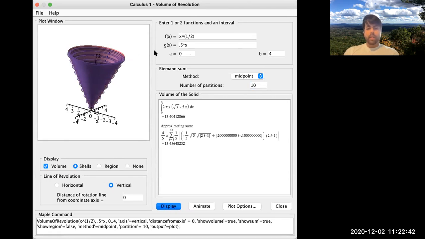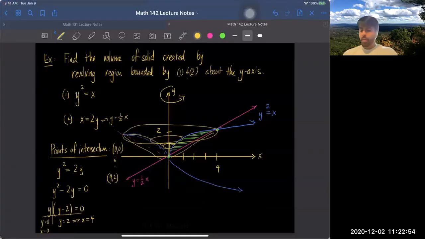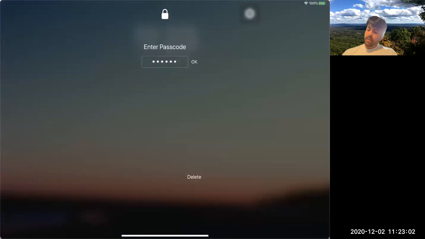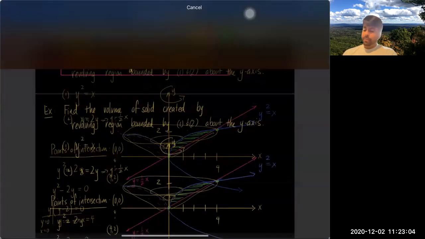That's right. So that's why we call it washers, because they are not solid cylindrical discs. They have a hollowness in them. And because of that, you can tell my drawing is not even remotely close to giving you that three-dimensional feel.